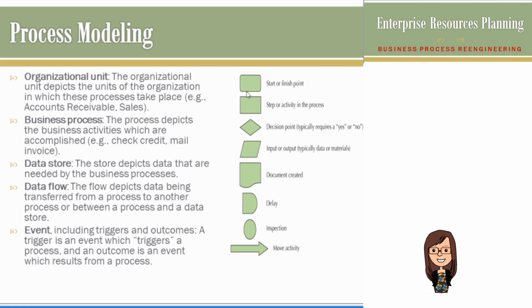So the starting point is shown by this notation, the rectangle, but with a different corner. This is the notation for the activity or the process.